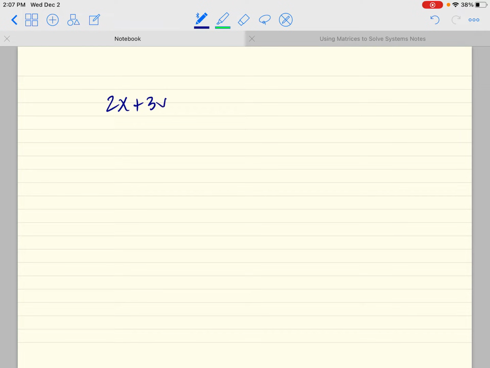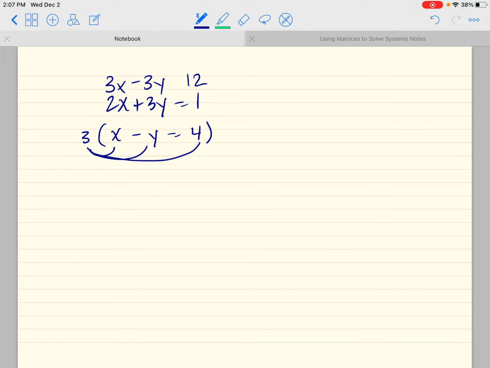Okay, 2x plus 3y equals 1, x minus y equals 4. If I wanted to change my circumstance here, let's say I multiplied this equation by 3, it would give me 3x and negative 3y and 12, and now I could add these two together to give me a new 5x equal to 13.